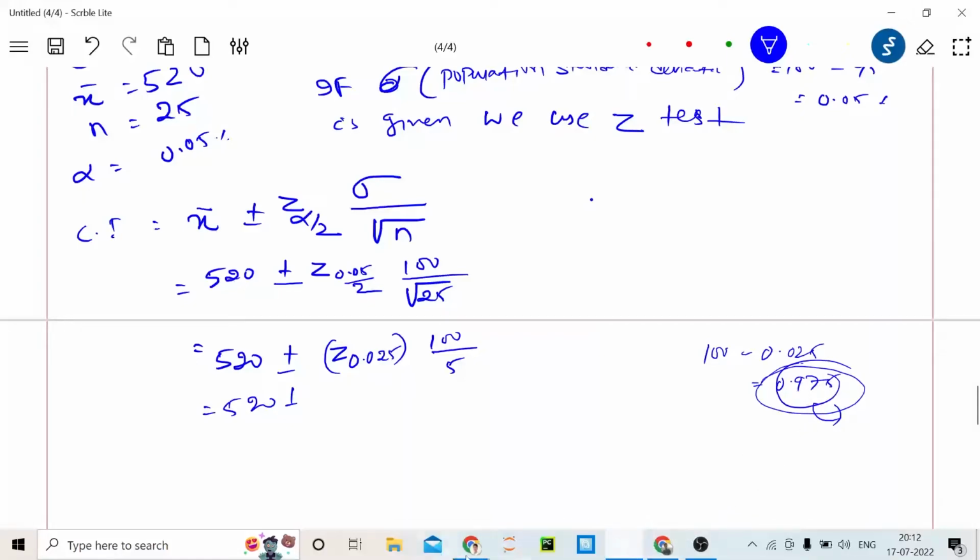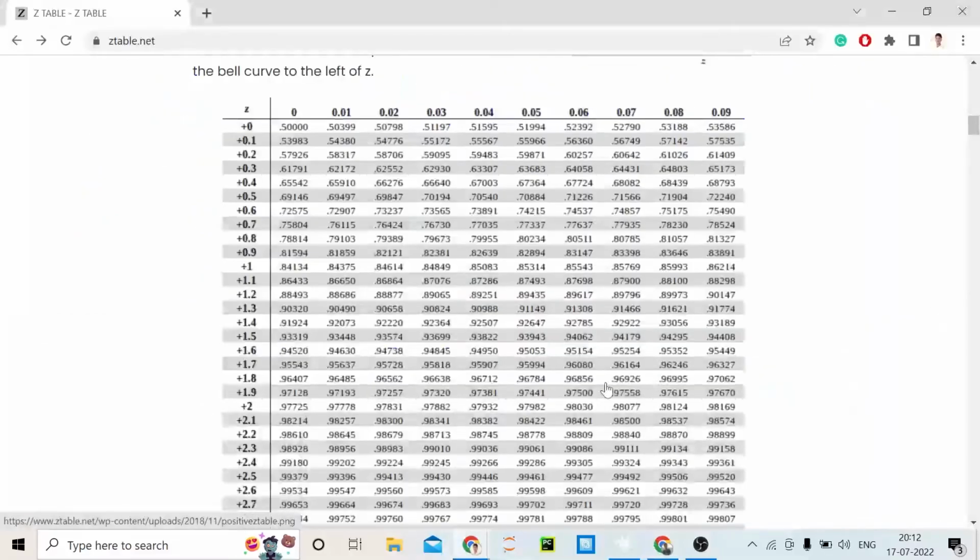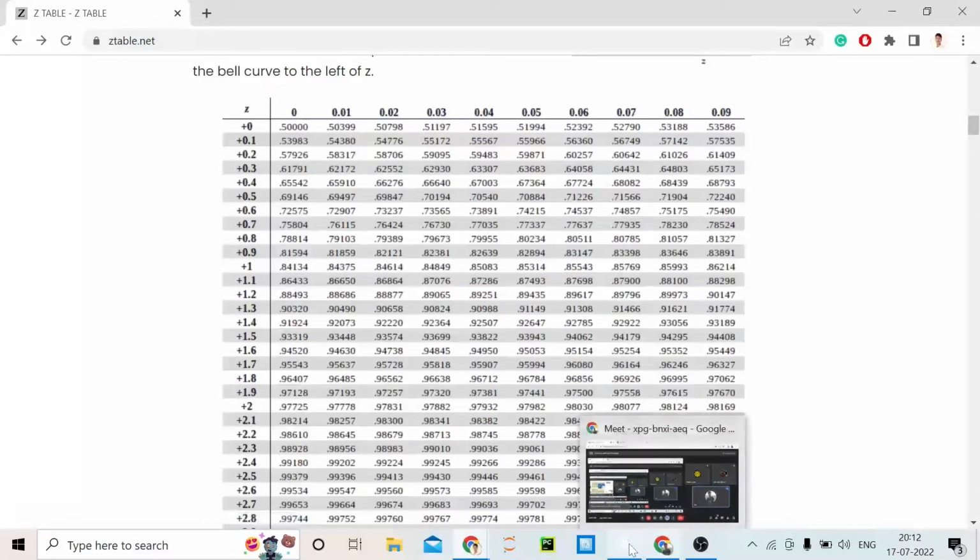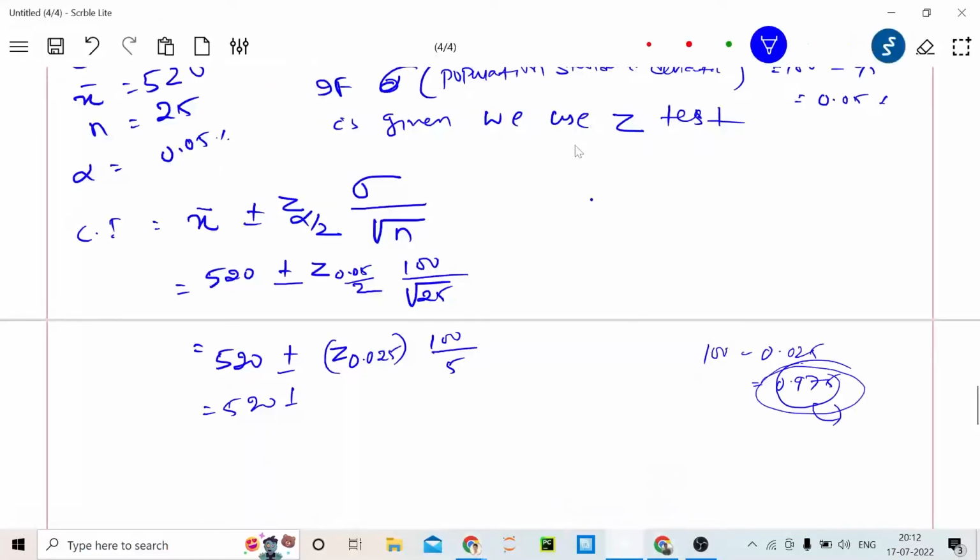Let's say it is here. Then we can see this is 1.9 and this is 0.06, that means 1.96. This value is 1.96, multiplied by 20.